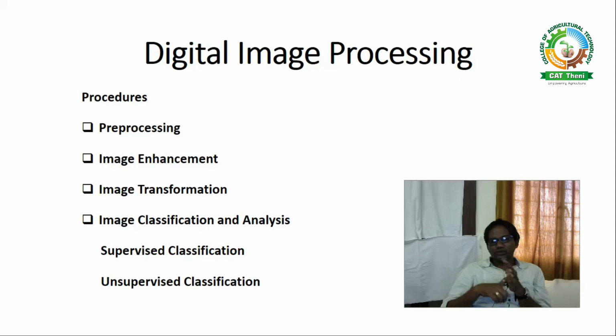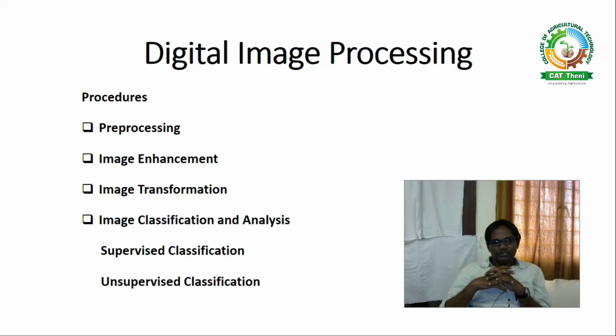Unsupervised classification is otherwise called clustering. Again I'm repeating, signature analysis is done in supervised classification, whereas clustering is done in unsupervised classification. So there are two kinds of image classification in the fourth step, image classification and analysis.